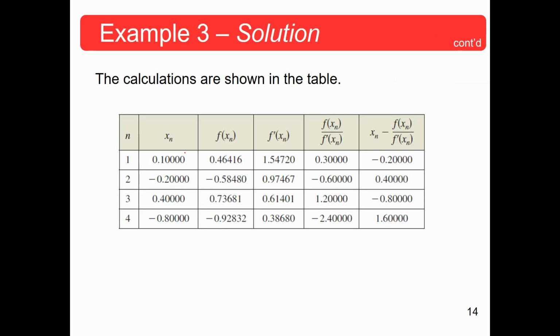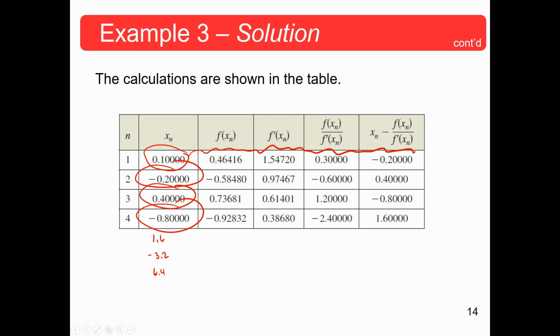And if you look at that, if I go through all these steps, I wind up with negative 0.2, because all I did was multiply by negative 2. Multiply by negative 2 again, 0.4. Multiply by negative 2 again, negative 0.8. Again, I get 1.6, then negative 3.2, then positive 6.4.